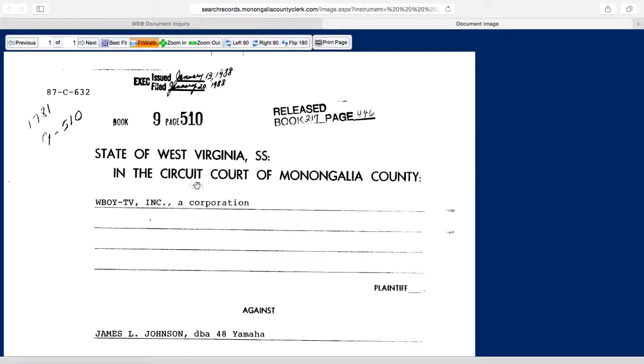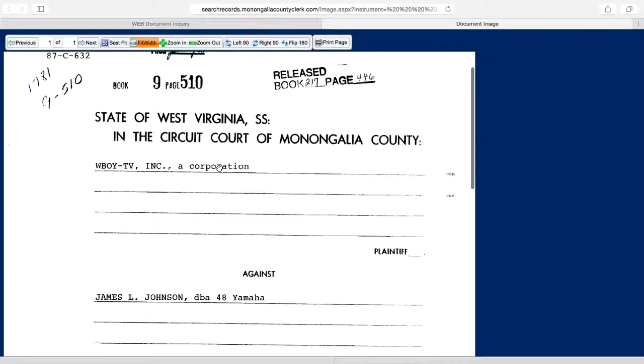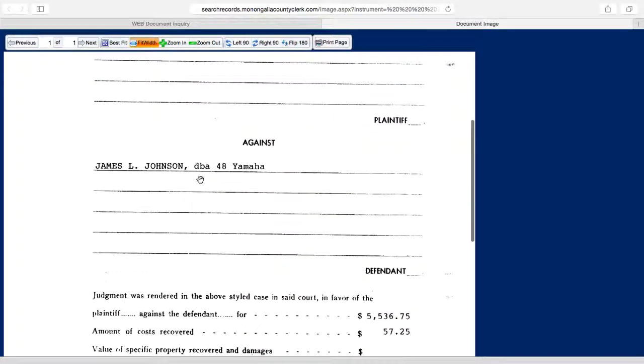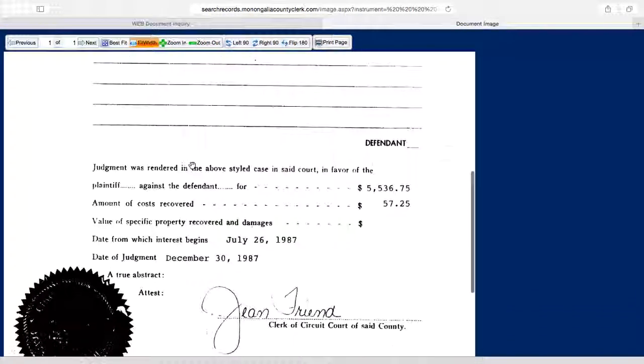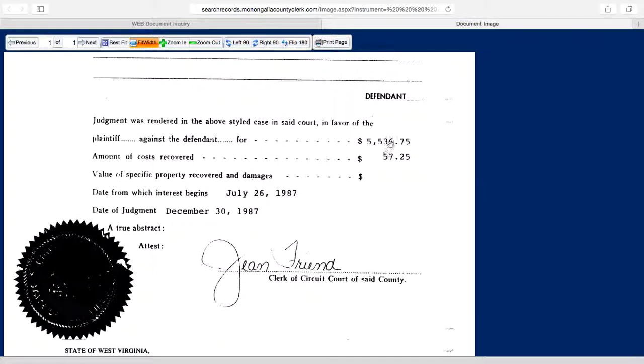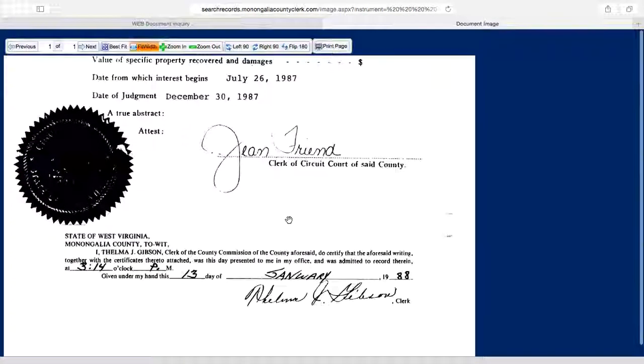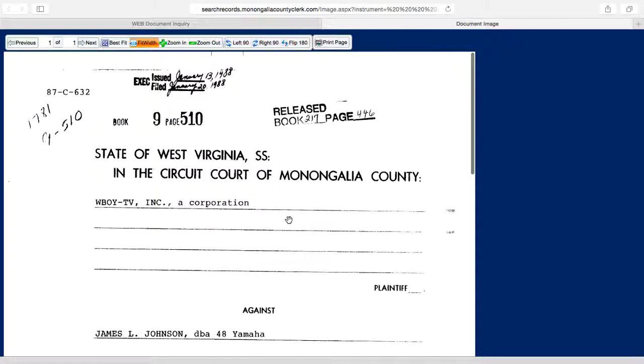This shows you that this is the lawsuit. It's WBOY-TV against James Johnson, okay, in the amount of $5,536.75, and that is how much is owed, okay?